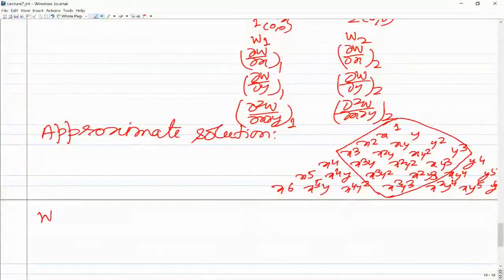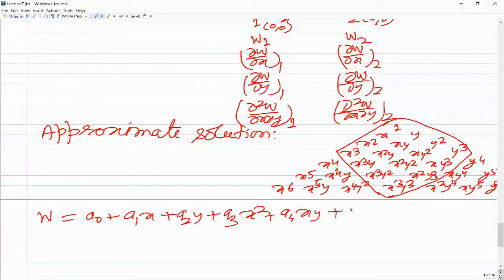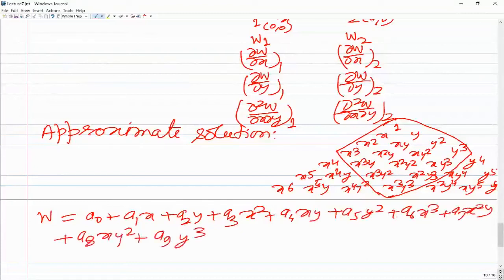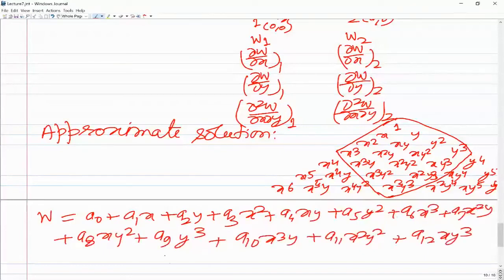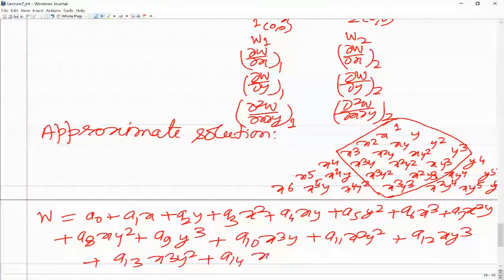Then the approximate solution W will be a0 plus a1x plus a2y plus a3x square plus a4xy plus a5y square plus a6x cube plus a7x square y plus a8xy square plus a9y cube plus a10x cube y plus a11x square y square plus a12xy cube plus a13x cube y square plus a14x square y cube and plus a15x cube y cube.